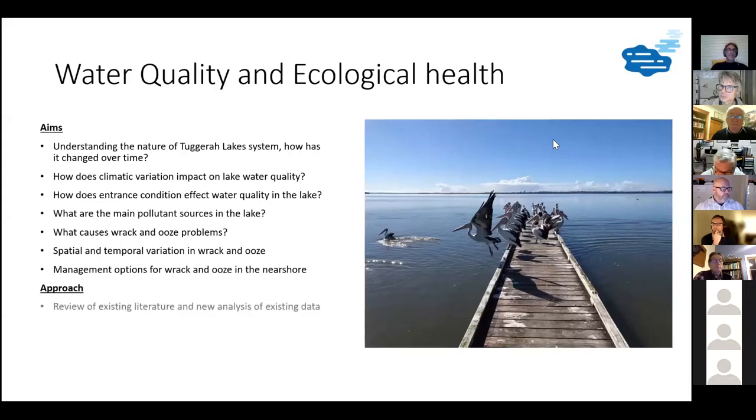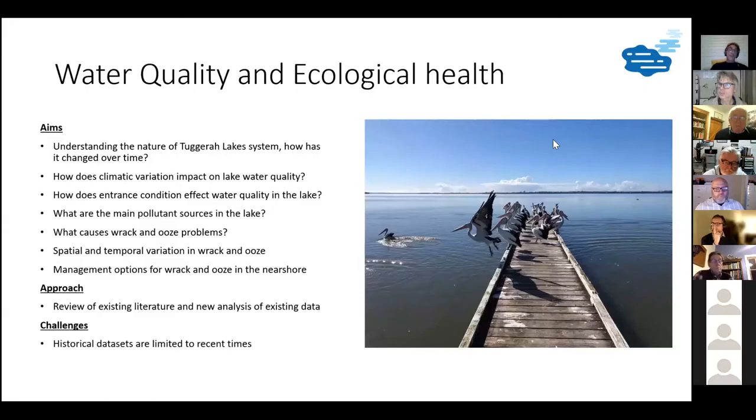So the approach taken was to review all of the existing literature on the lake, that huge list of reports that you're aware of. But I also undertook quite a lot of new analysis of existing water quality data and rain and climatic data to try to answer some of these questions based on what was out there. That included a data set which was more than 10 years old, so it gave an opportunity to really tease out some of these problems.